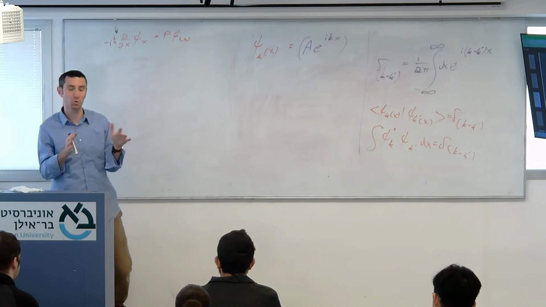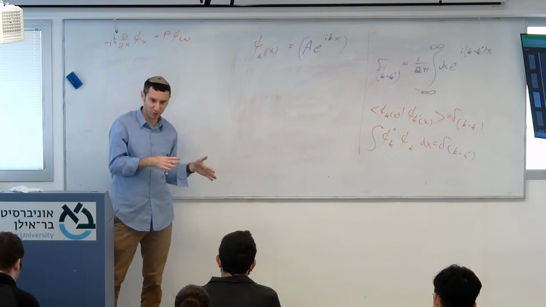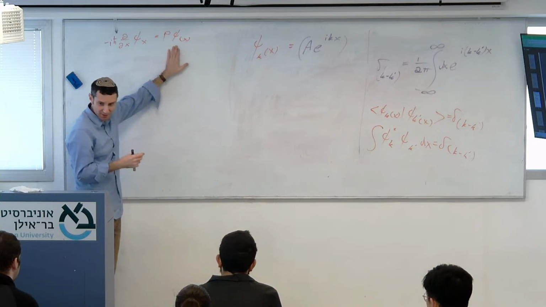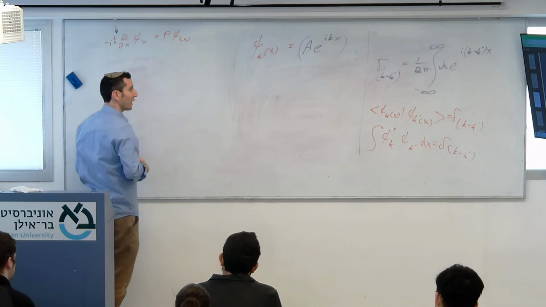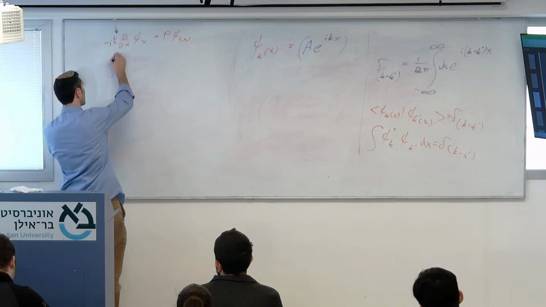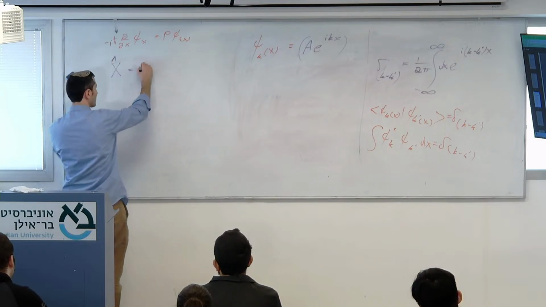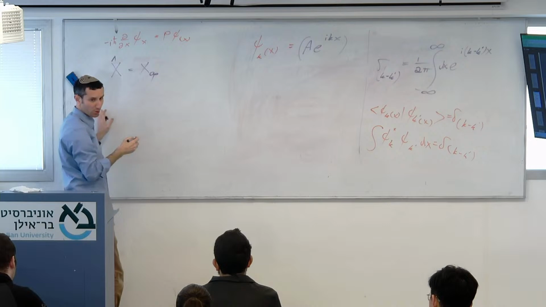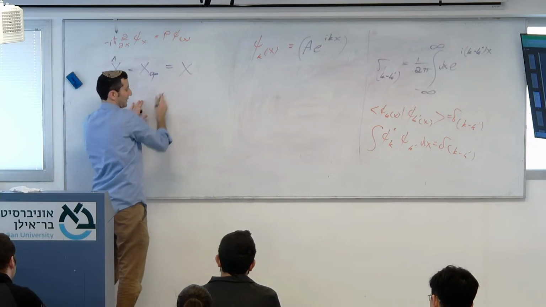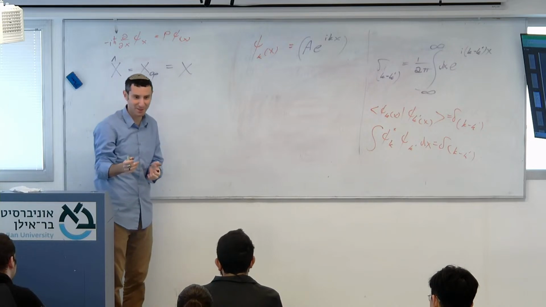I just told you what the operator was, and then I told you let's find a function that corresponds to this. Let's do the same here. I am telling you that the operator x, that I can also write as x up if you prefer, is x.